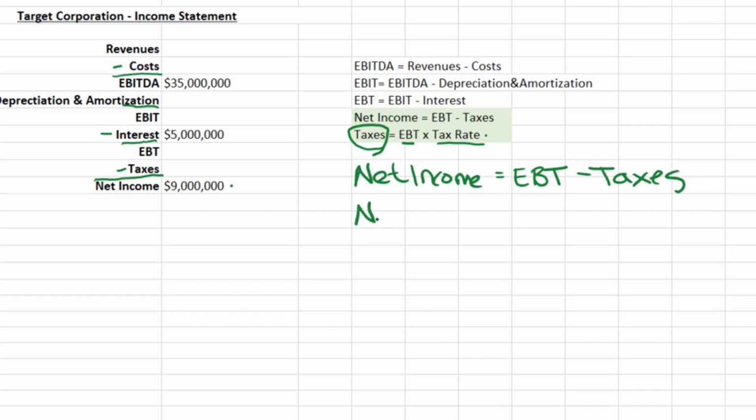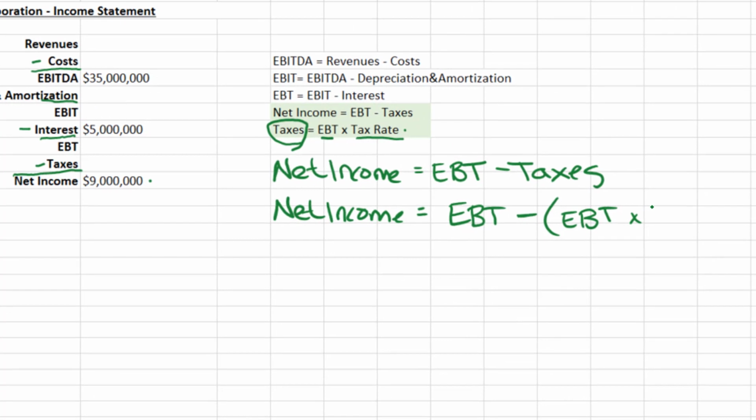So then I'll get something like this: net income is earnings before tax minus EBT times tax rate. And the reason I can do that is because I know that taxes here is equal to this all multiplied together.